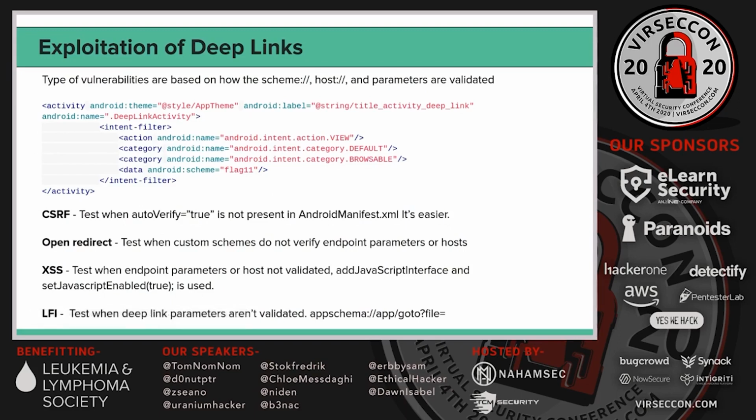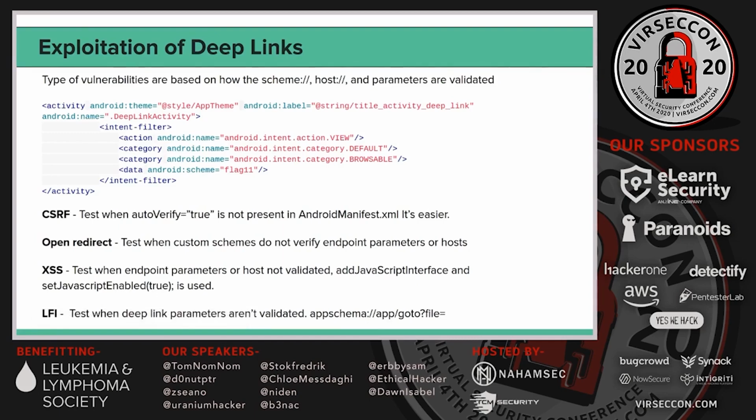So the types of vulnerabilities in deep links are based on how the scheme, host, and parameters are validated. Now, this is an example of an intent filter that only specifies the scheme. This is what you want to see when you're trying to find deep link vulnerabilities.